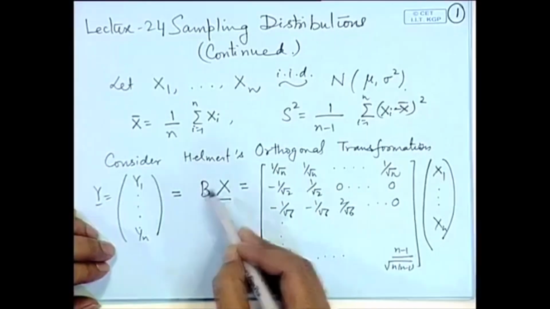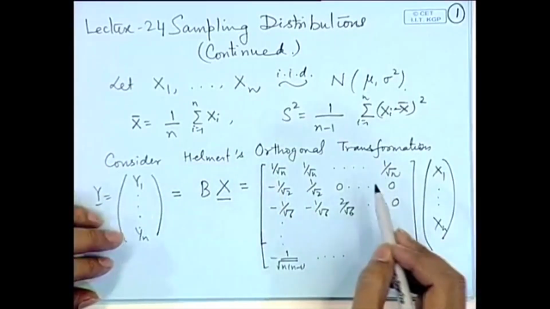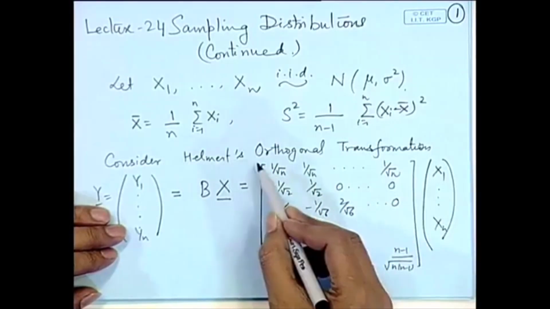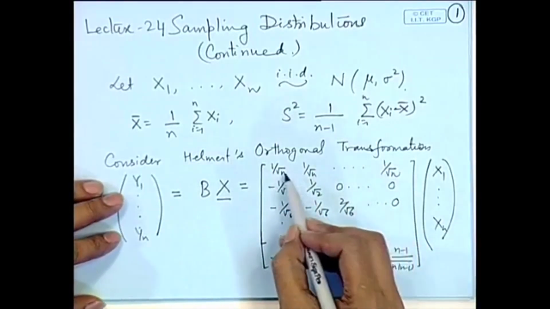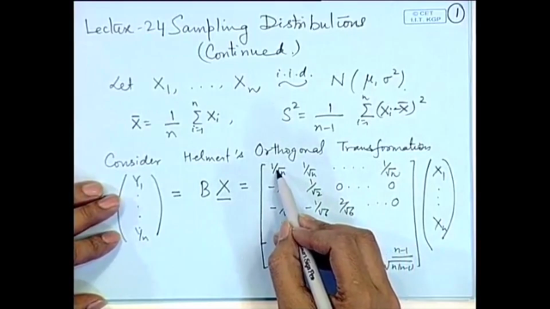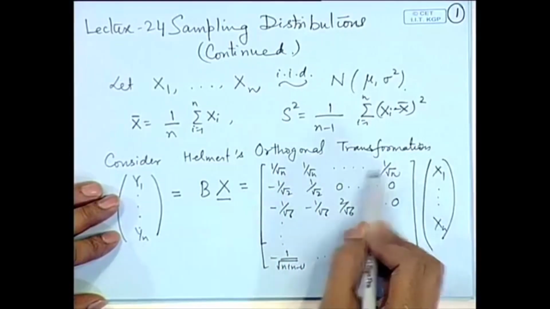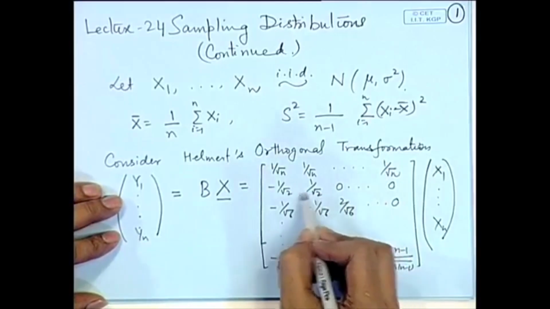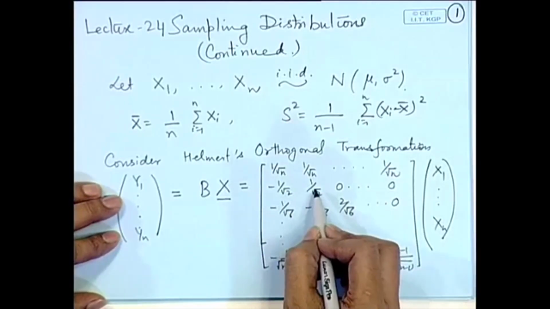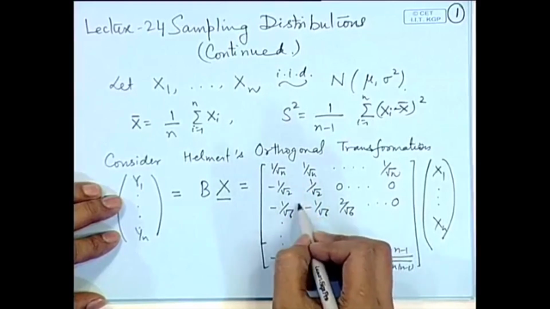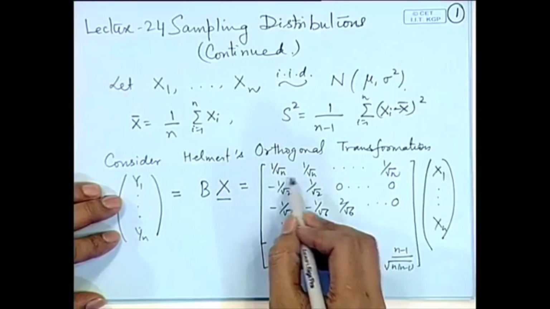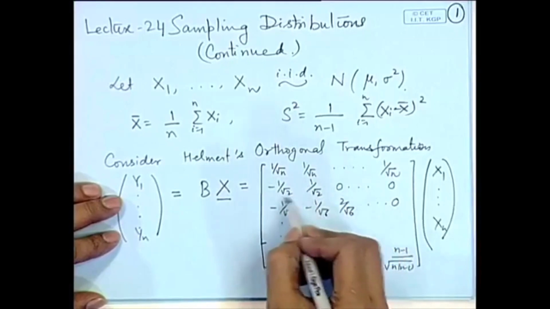First of all, let us observe this B matrix. This B matrix is a special matrix called the Helmert orthogonal matrix. The terms of the first row are the same, and every next row is defined in such a way that if I multiply any two rows, the product will be 0. That is, the scalar product of any two rows is 0.